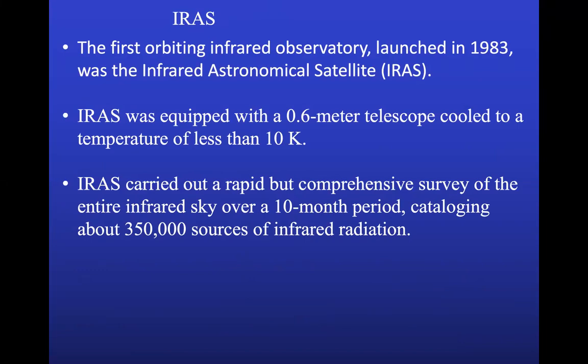So this was the first orbiting infrared observatory that was launched in 1983. It was in space orbiting, and it was equipped with a mirror that has a diameter of 0.6 meters, and you can see how small the mirrors for space telescopes were by that time, like in 1983.